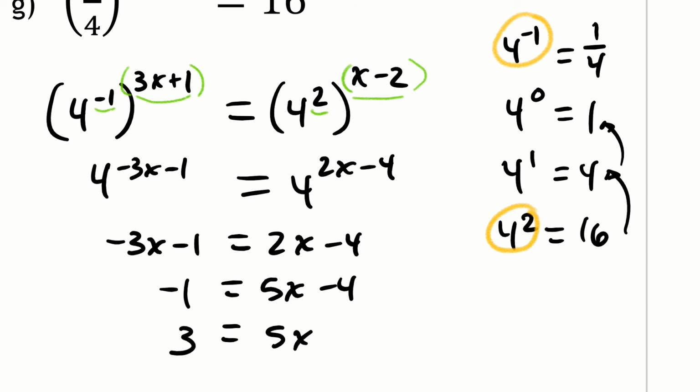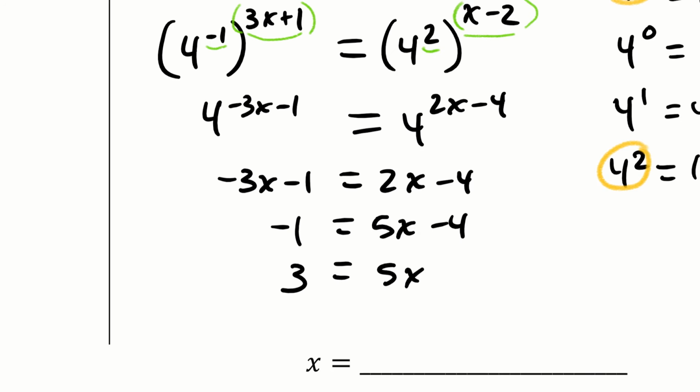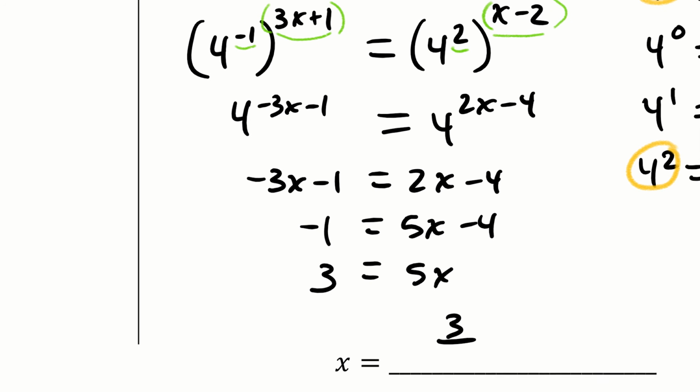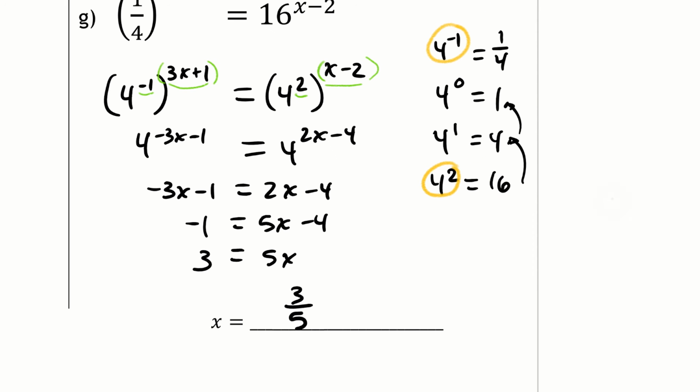Therefore, x is going to be 3/5, right? I'm going to divide both sides of that by 5. So x will equal 3/5. And there we go. I think that's it for page 3. Let's move on to page 4.